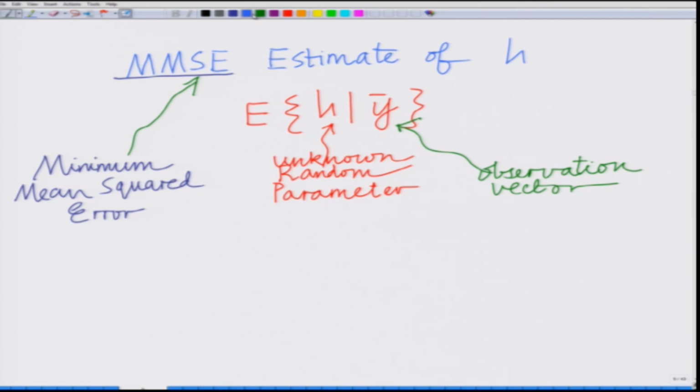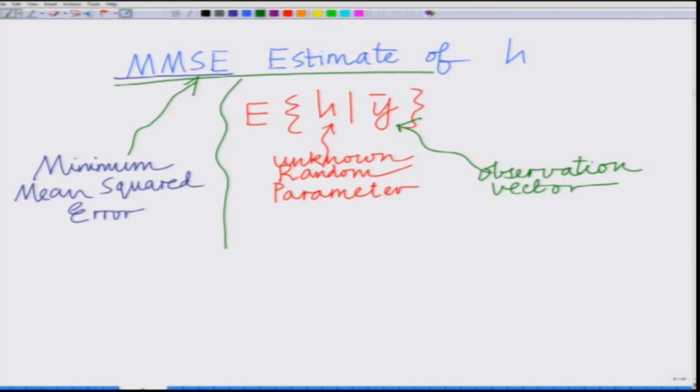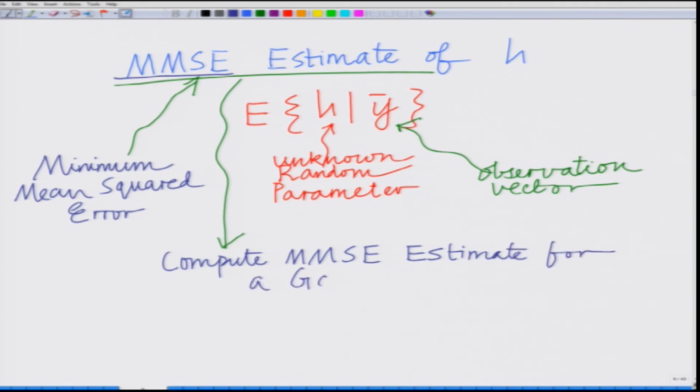In today's module, we want to compute this MMSE estimate specifically for a Gaussian scenario, that is, when the parameter h and the observation y are jointly Gaussian.